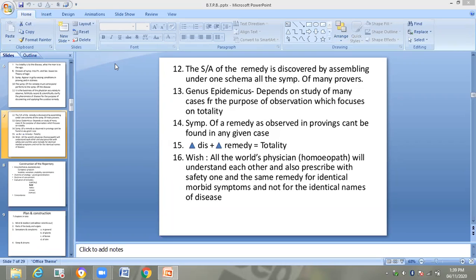So what is grand symptom? The symptom which consists of location, sensation and modality is called a grand symptom. In the grand symptom, what is location?